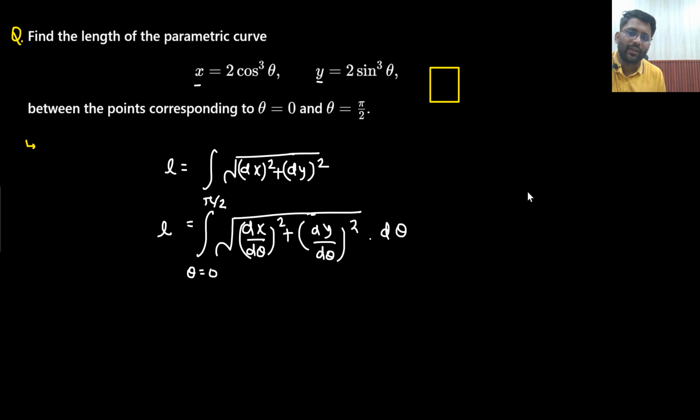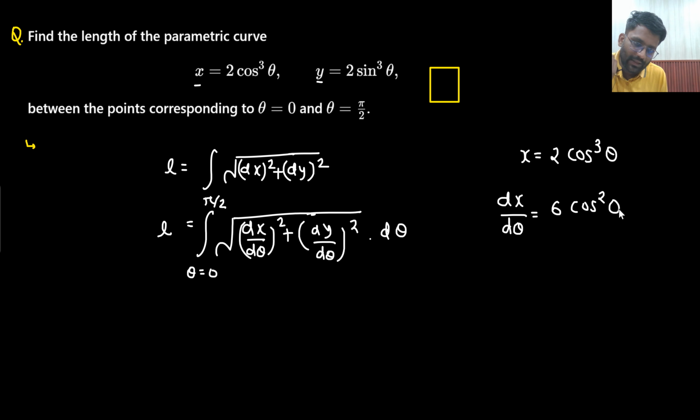This is the length L you are getting. So what is x? x is 2 cos cube theta. So dx by d theta would be 6 cos square theta sin theta. 3 comes outside, cos square theta, and the differentiation of cos theta is minus sin theta.